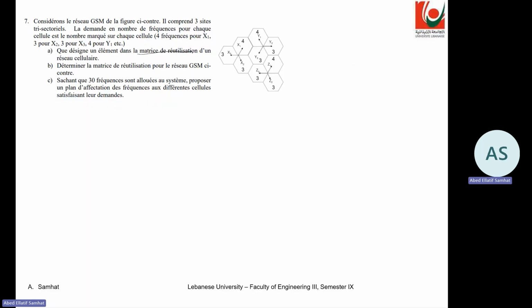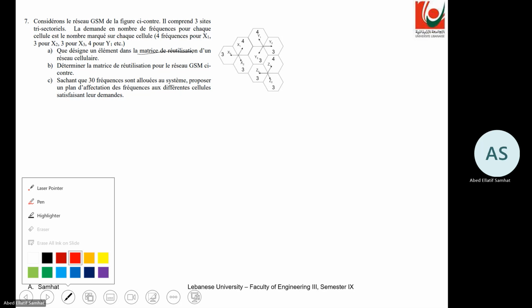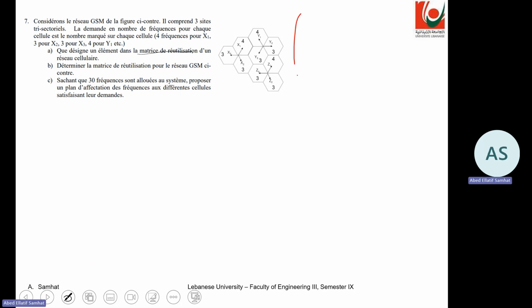So I will just put here the reuse matrix, which will be x1, x2, x3, y1, y2, y3, and here x1, x2, x3, y1.